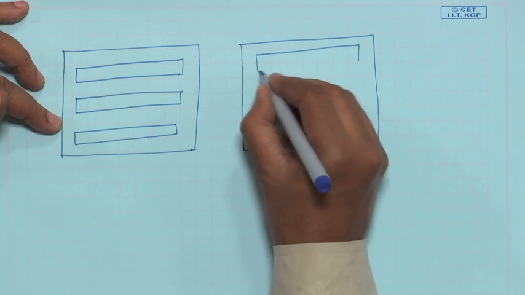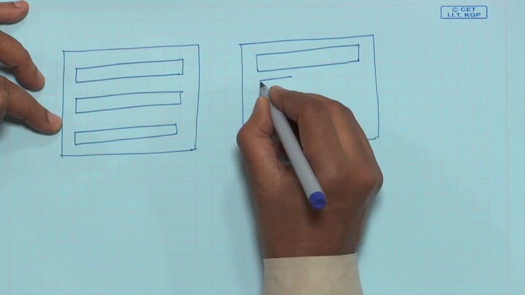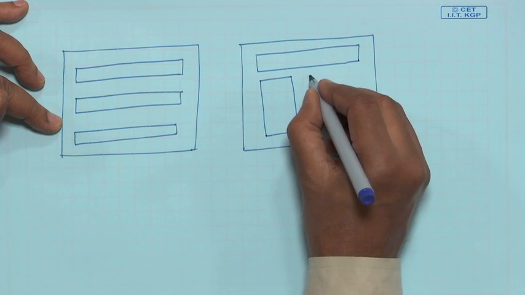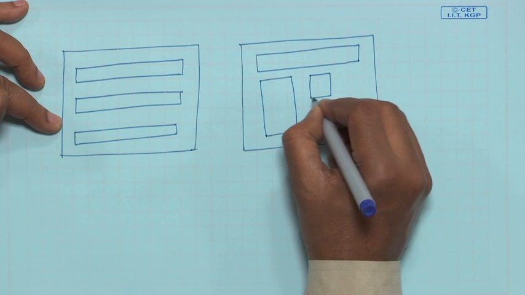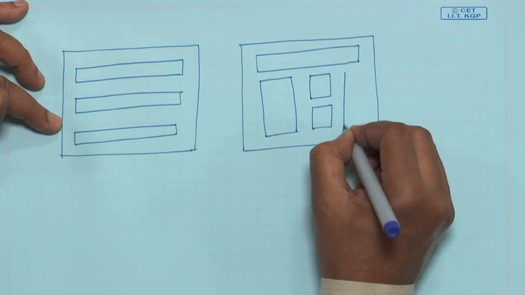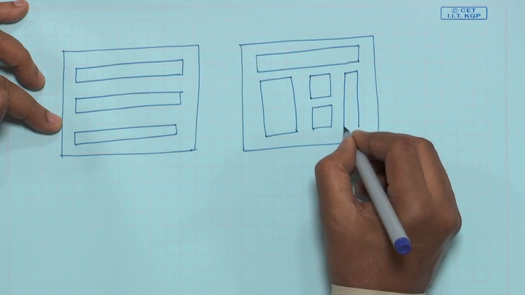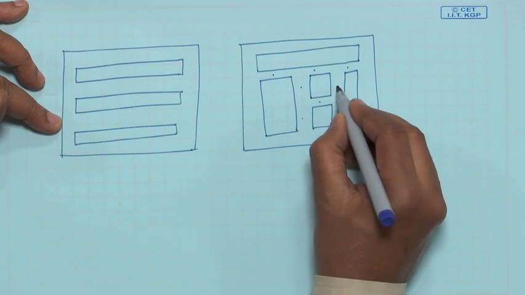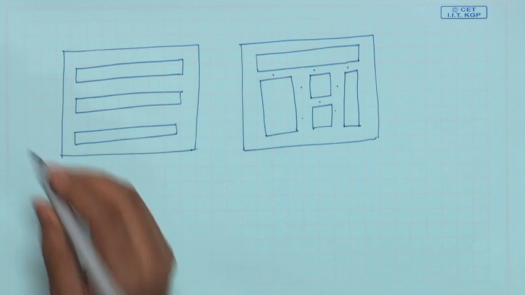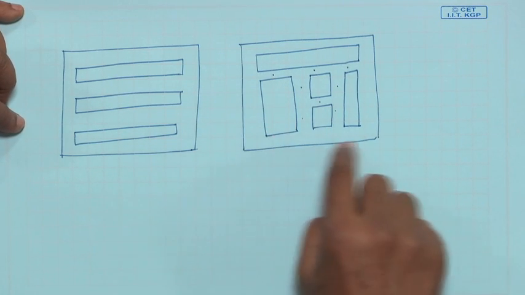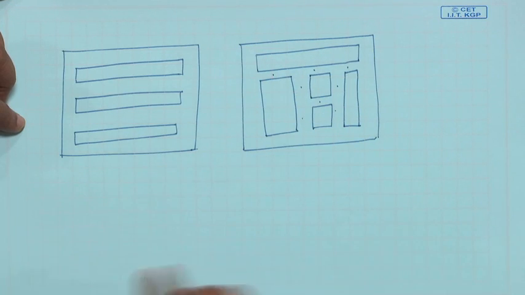Like here I have the blocks placed like this, let us take some examples like this. So, here also there are interconnection channels which are placed between the blocks. So, you can just identify the interconnection regions or channels.